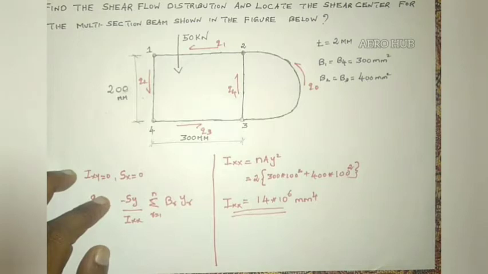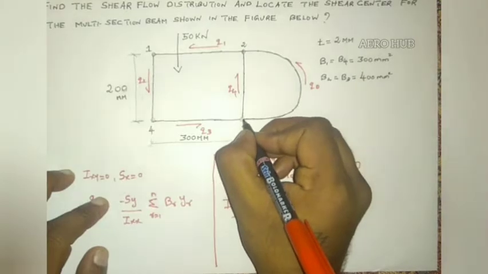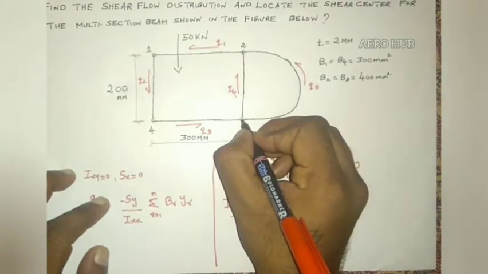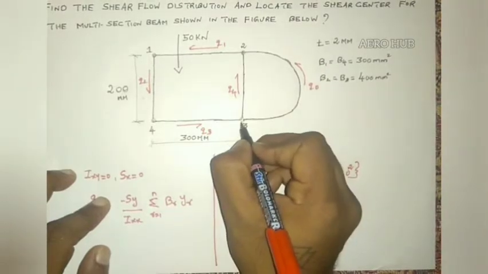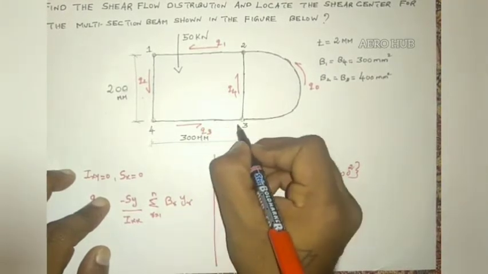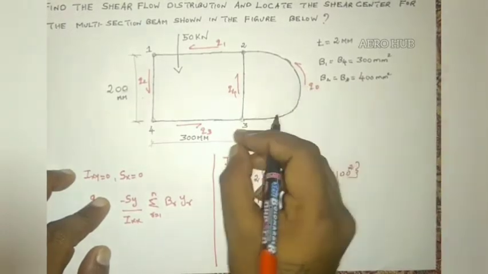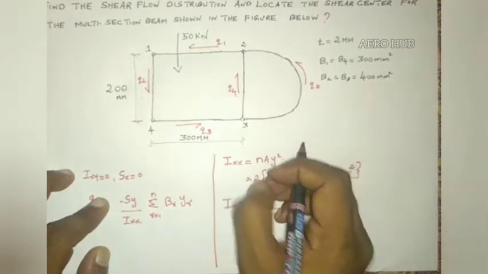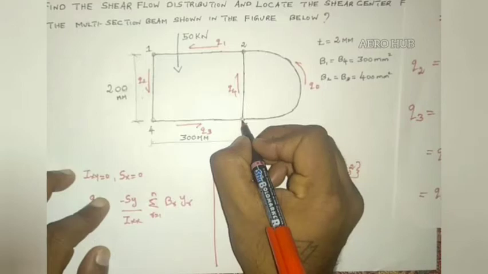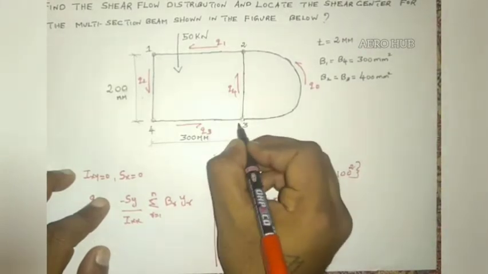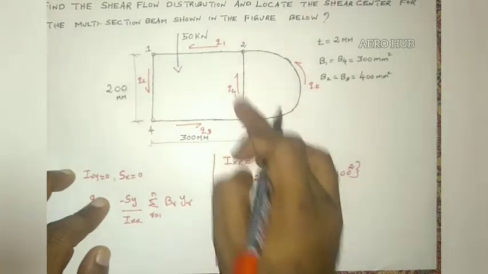We can see that at point 3, Q3 is coming towards point 3, and Q4 as well as Q0 is leaving point 3.